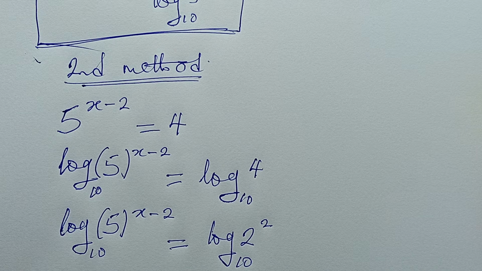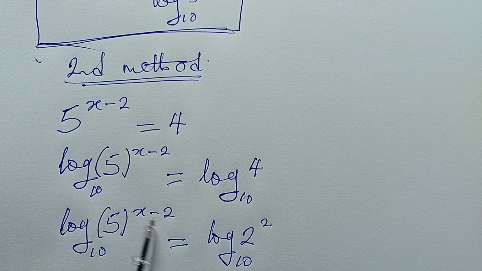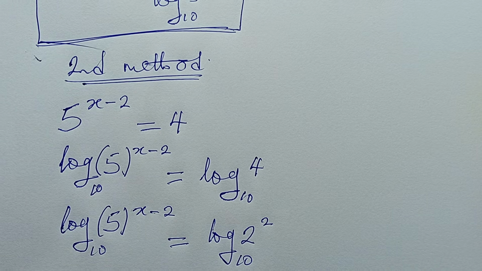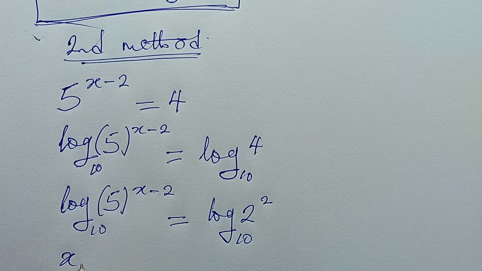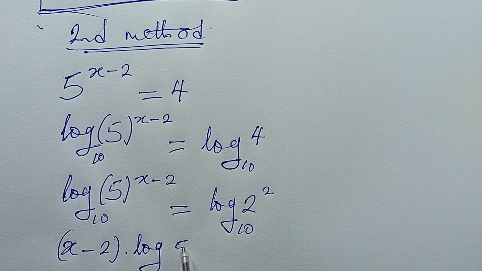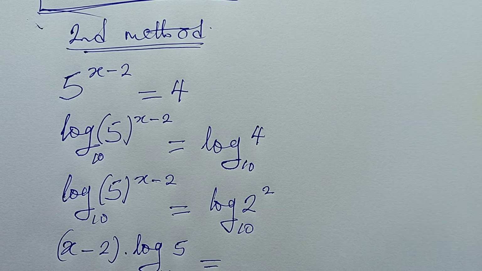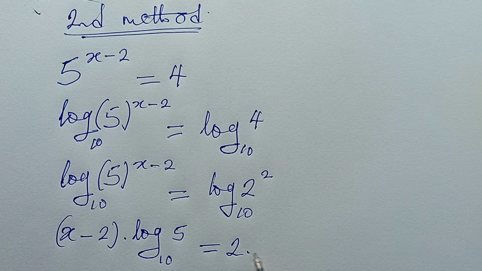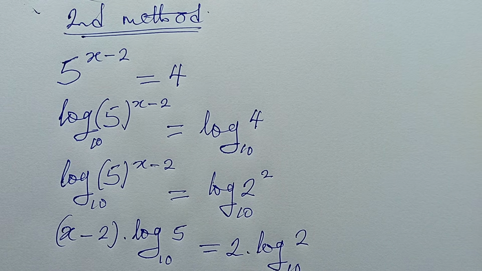If we apply the power law of logarithm, we're going to move this exponent here, move this one here. So this is going to give us x minus 2, bracket, times the log of 5 base 10. This is equal to 2 times the log of 2 base 10.